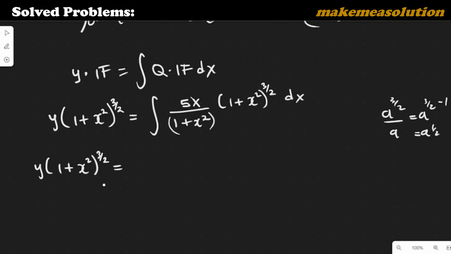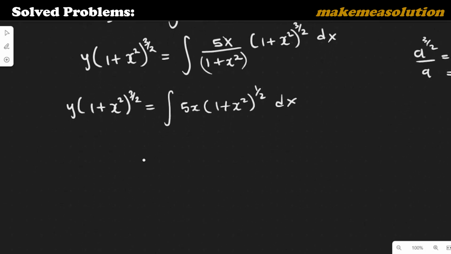Is that okay? So the right hand side simplifies to 5x, then 1 plus x squared raised to the power of half dx. Is that okay?